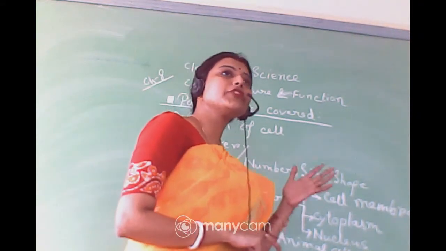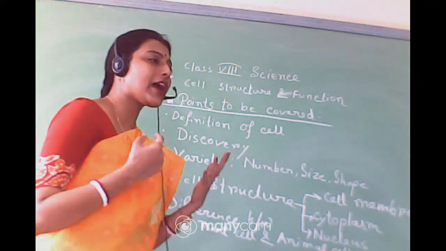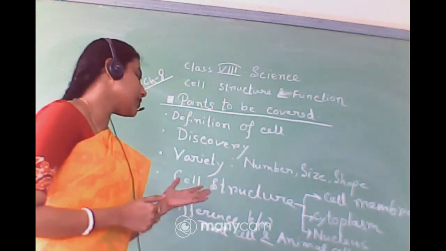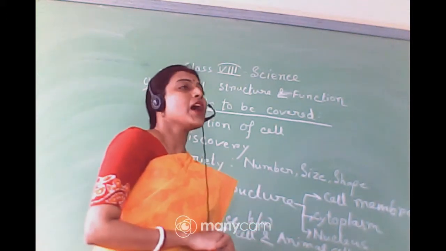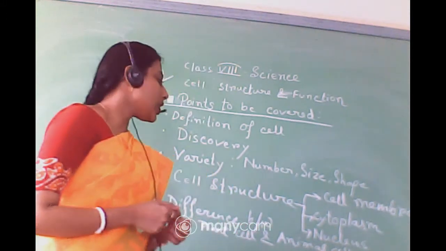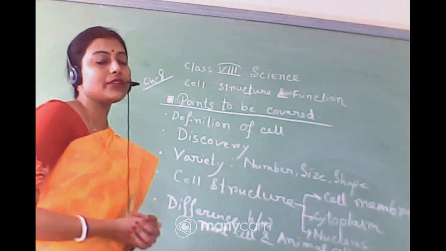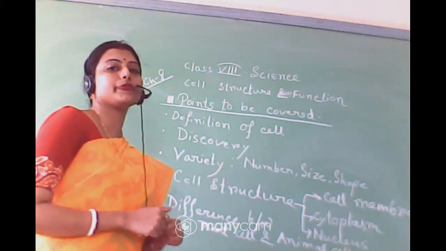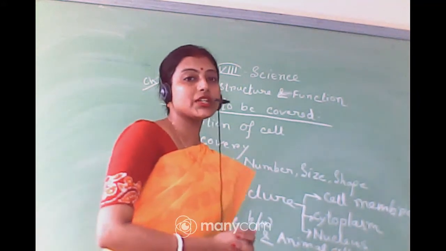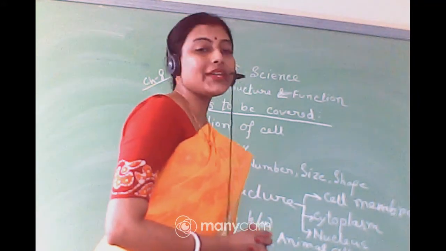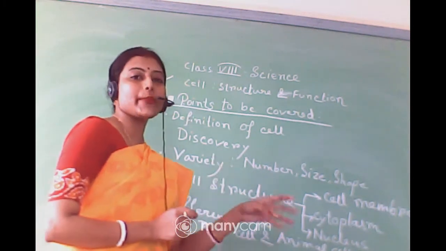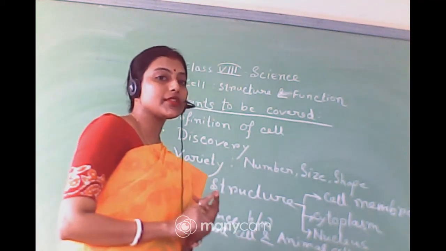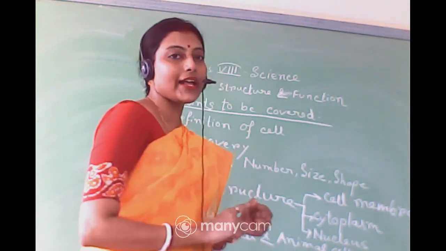After discussing the total chapter, I think you will all be able to differentiate between the plant cell and the animal cell. In the case of the plant cell, I have also told you that plants have been provided with an extra outer covering, which is known as the cell wall, but it is absent in the case of animal cells. So this is the first difference between a plant cell and an animal cell.